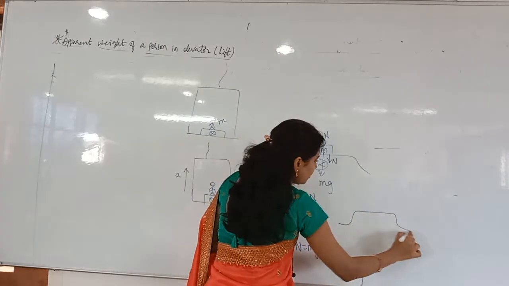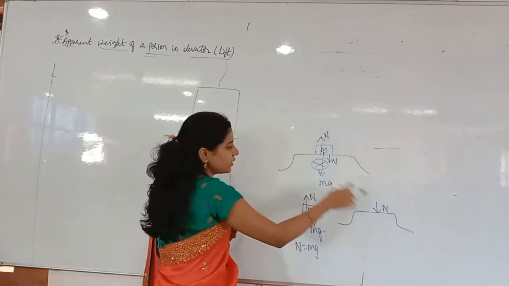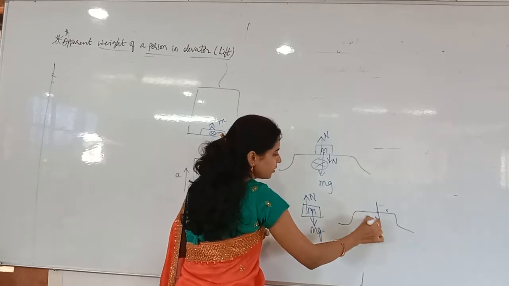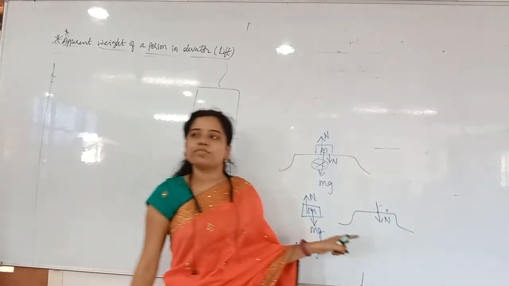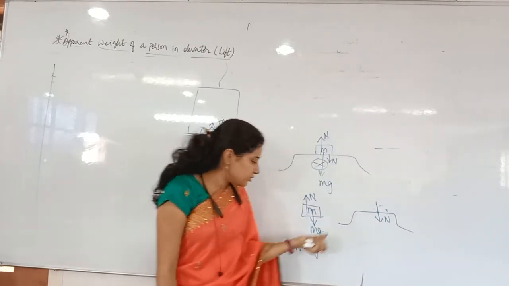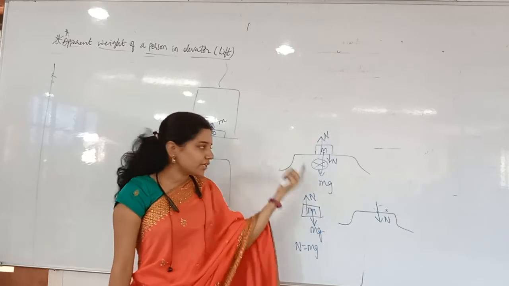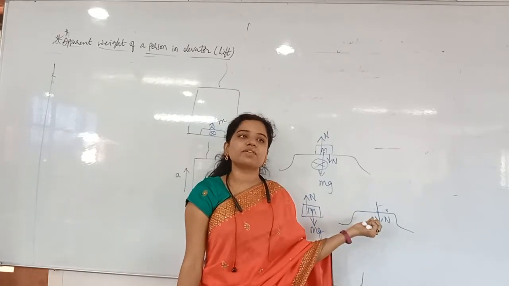Now, on the weighing machine, which force is applying? The normal reaction by the block. This normal reaction is the only force acting on the weighing machine. So N is equal to mg only. Whatever the weight is there, that only it will show. So who is responsible for the weight here?